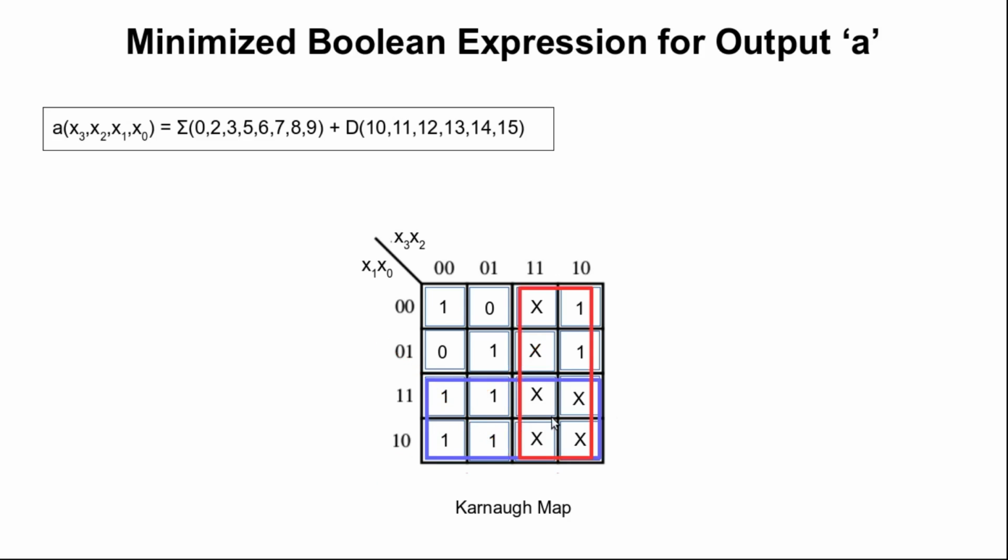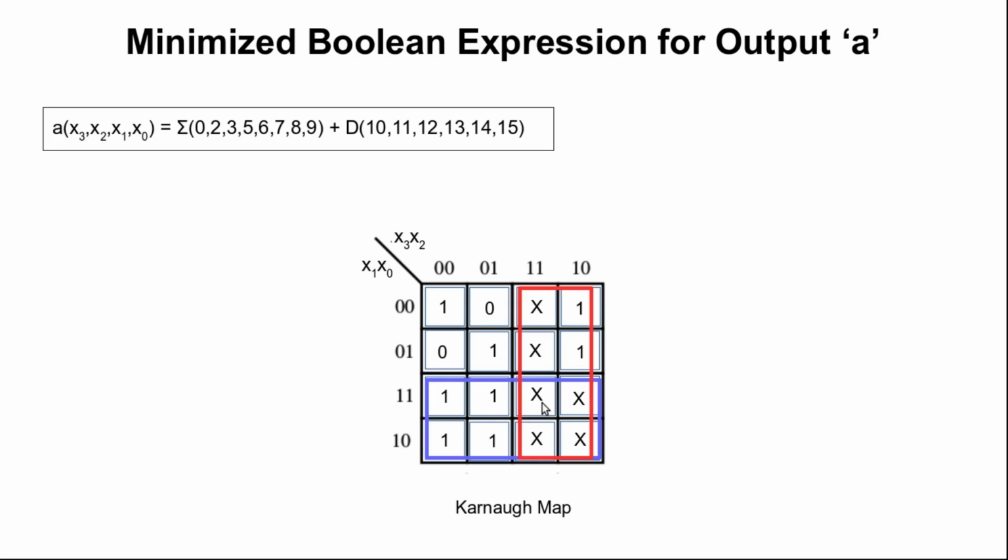The advantage of having don't care conditions is that we can consider them as either 0 or 1. Whatever is marked as a cross, I can consider to be 0 or 1 based on what will benefit us in getting a more minimized expression, that is, what will help us get a bigger group of ones.